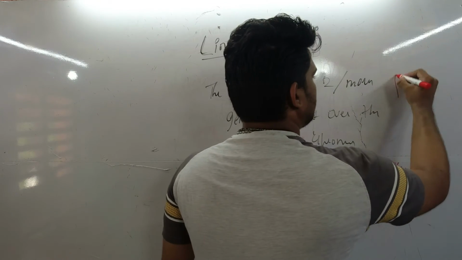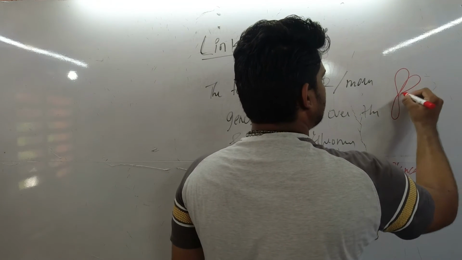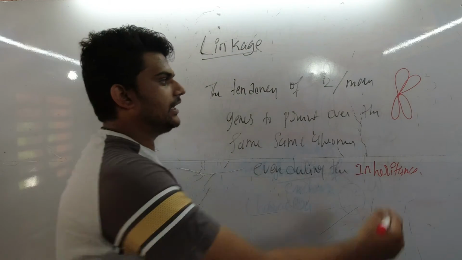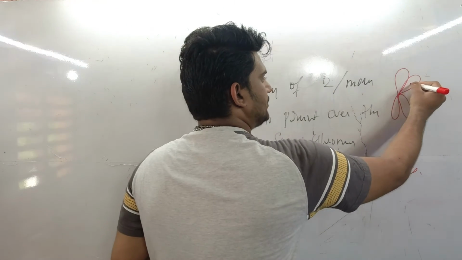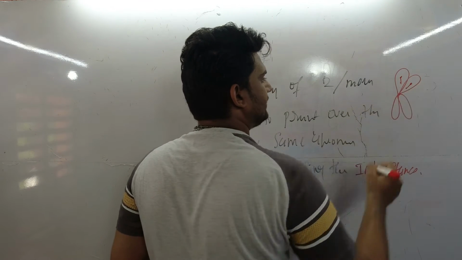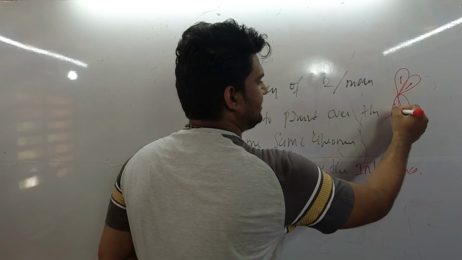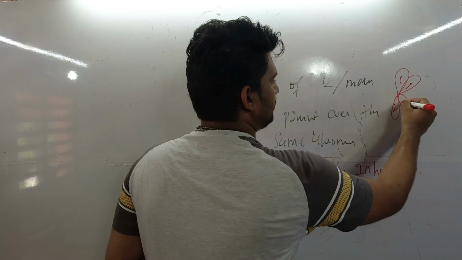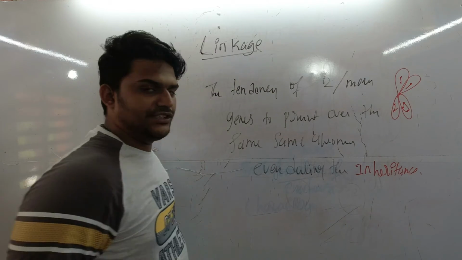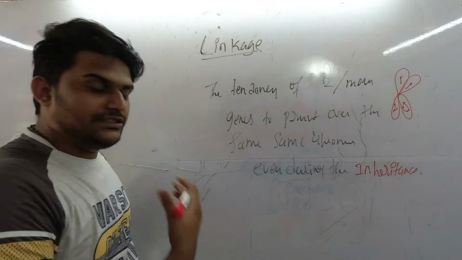So there is a particular chromosome, where there is one gene over here, one gene over here. So these genes are packed together. These 3 genes, 4 genes, whatever the number of genes are, they are packed together.